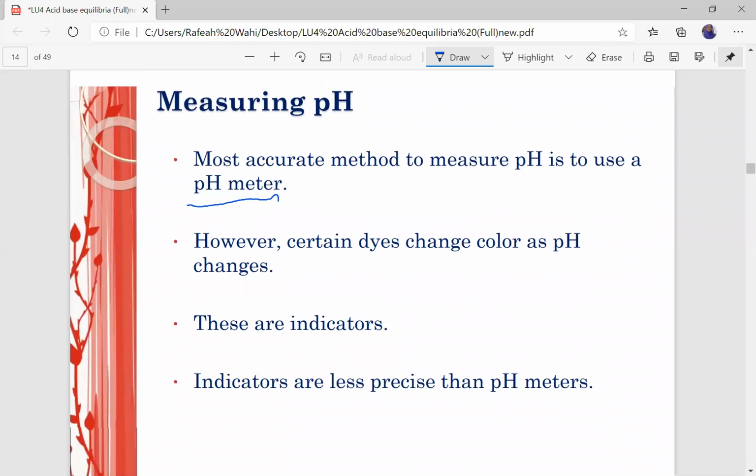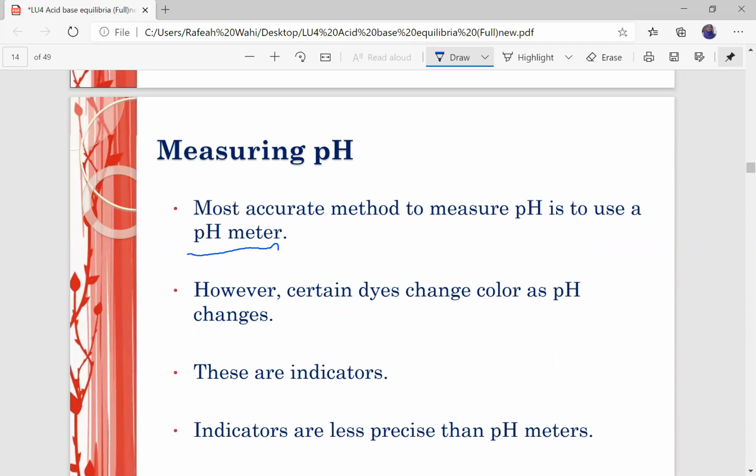Alright. For a quick indication of pH change during any titration, however, we can use an indicator. Okay? What is an indicator? An indicator is a substance derived from a weak acid or a weak base which can change color once the pH change happens.